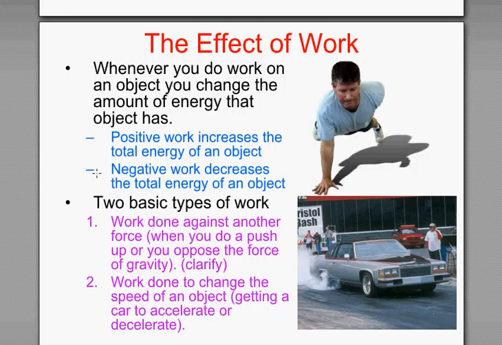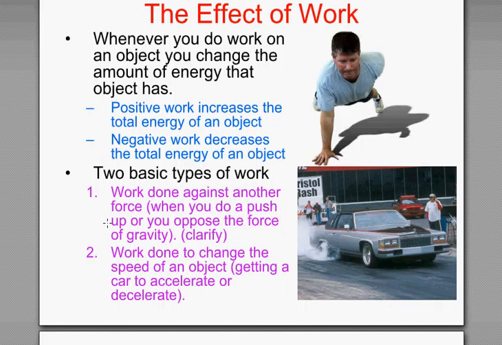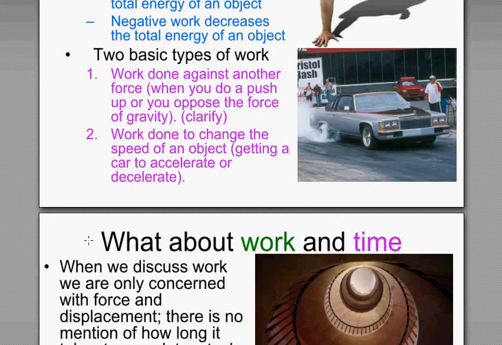So you are providing work that opposes another force. The other type is work done to change the speed of an object, like getting a car to accelerate or decelerate. So we've got a couple of different types of work. Make sure we've got these in our notes. You can pause the video.